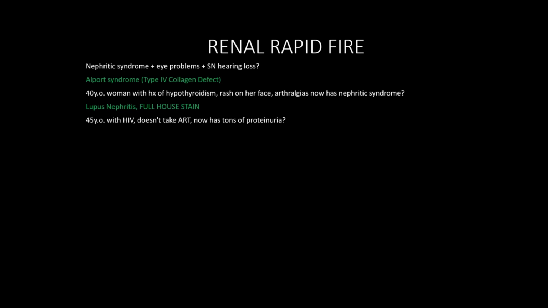Specifically the collapsing variant of FSGS, somewhat high yield, but in general it's referred to as HIV-associated nephropathy. Very good to know because they love testing complications of HIV, and this is how it affects the kidneys, with a nephrotic syndrome.